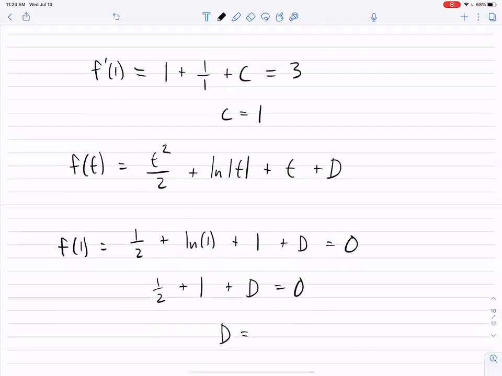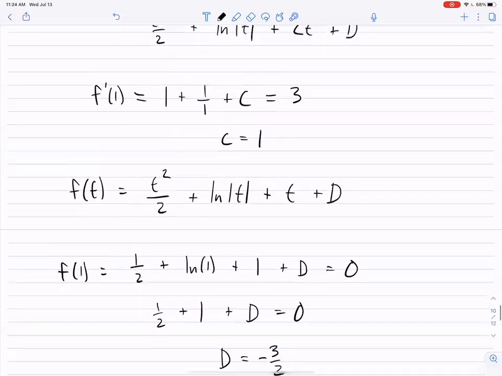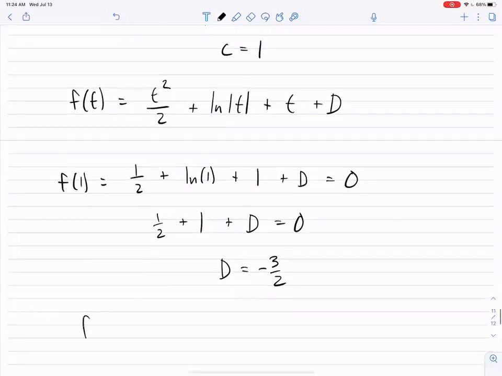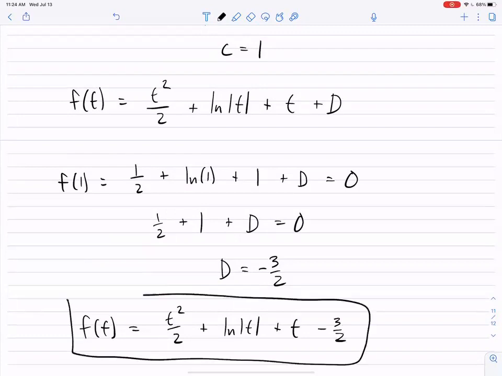And so d has to equal negative 3/2. And so we have our final answer. The function that satisfies this differential equation is t squared over 2 plus ln absolute value of t plus t minus 3/2. So that is that. And that should get you everything you need for the homework.